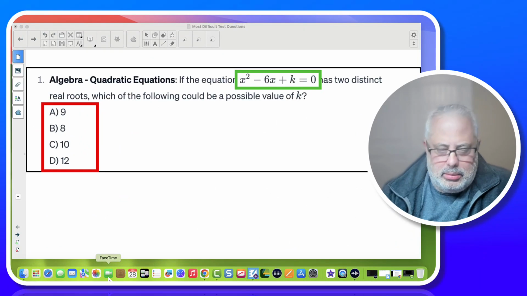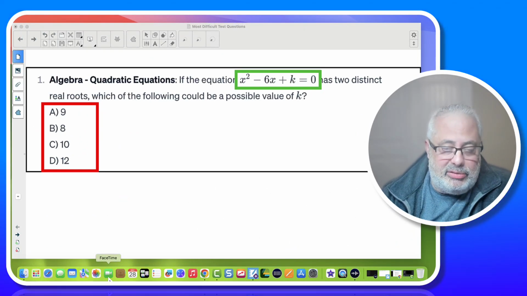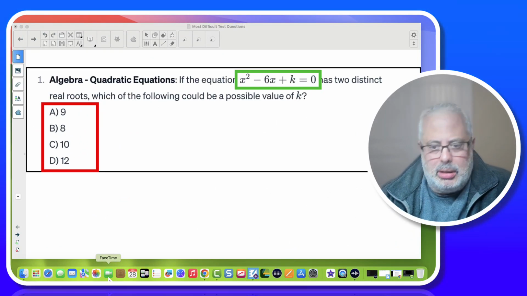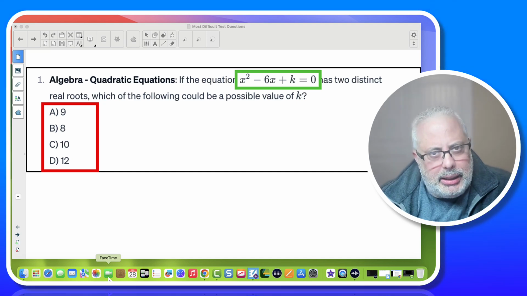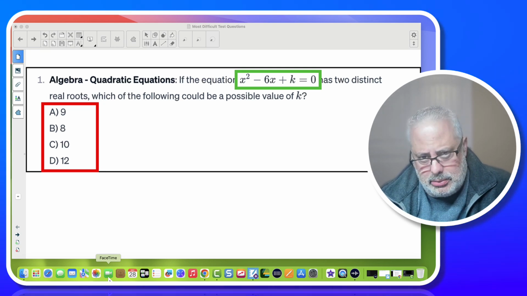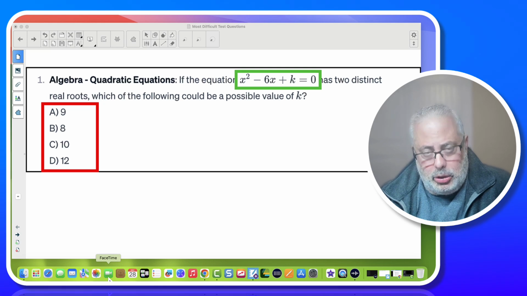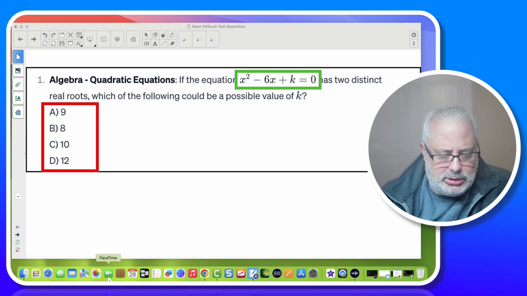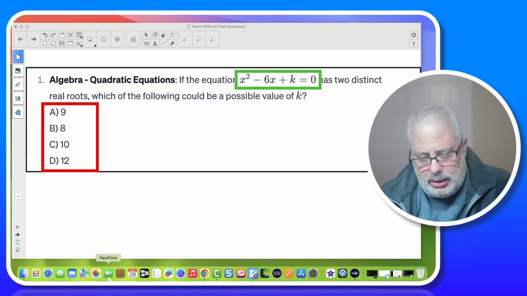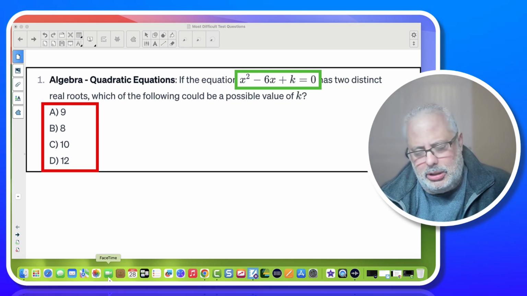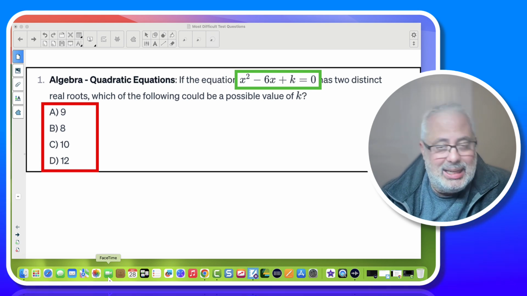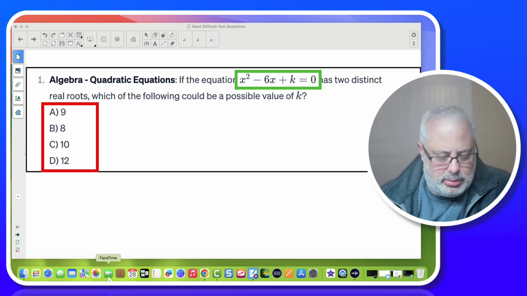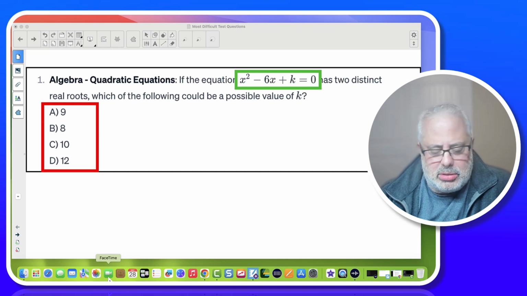This question, a quadratic equation with a missing element, which is c, can be classified as a difficult question in the SAT test. And I'm going to tell you why. You need to have a foundation in algebra, in geometry, and in arithmetic in order to score more than 700 in the SAT math portion of the test.